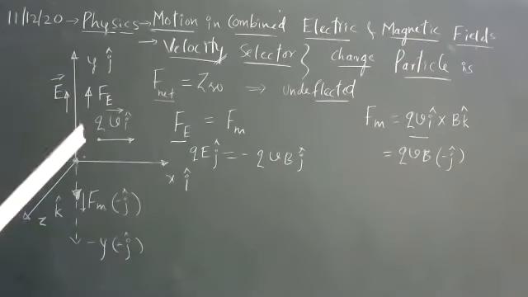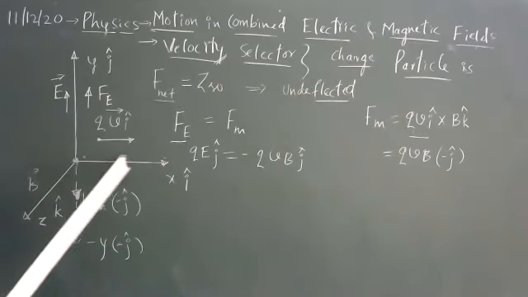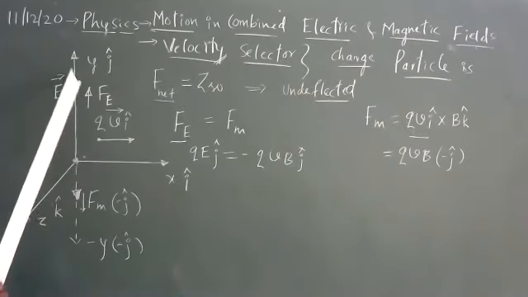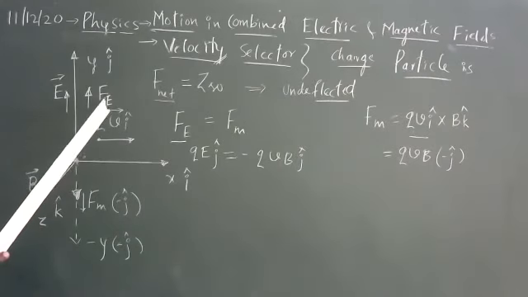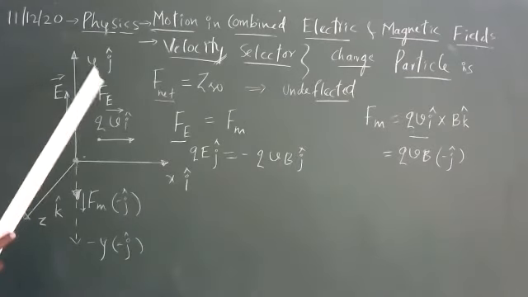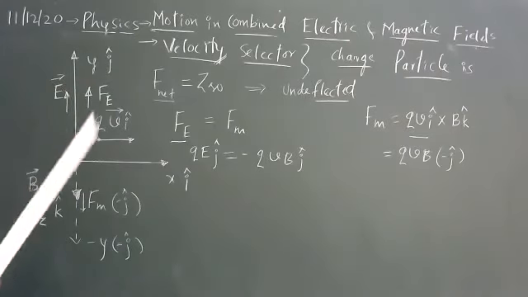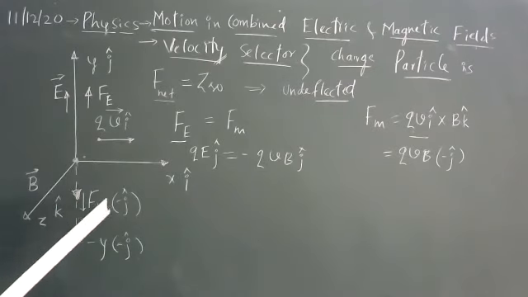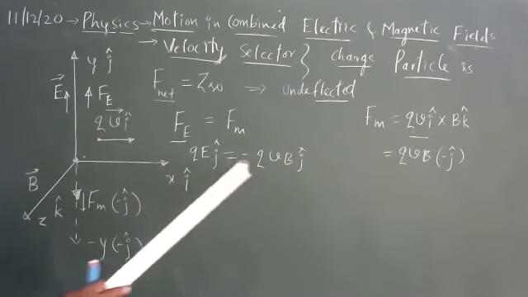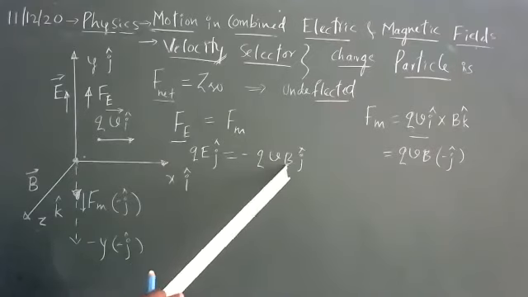Do remember, when a charged particle is moving along the x-axis, electric field along the y-axis, magnetic field along the z-axis, what is the direction of electric force? Electric field is y, electric force is also y. Magnetic field is the z-axis or k vector, magnetic force is minus j. That's why I wrote minus q v B j.